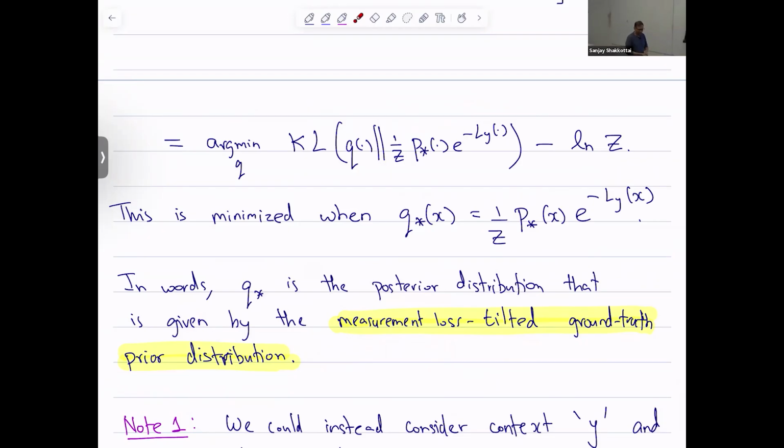It's P star with an exponential tilt, where the tilt is the conditional of y given x. And note that in the measurement setting, if you have Gaussian noise, P of y given x is exactly equal to e to the minus y minus Ax whole squared by 2, which is L of x. So you can see the connections between posterior sampling, tilted distribution, and generative prior regularized optimization. They're all very closely connected, and so we will use these things interchangeably.